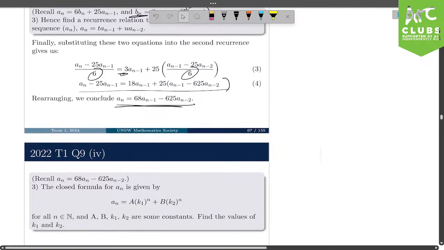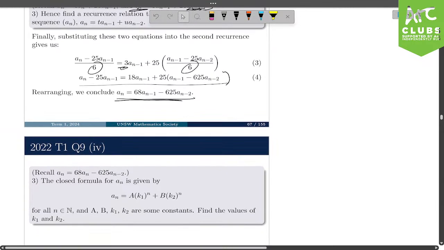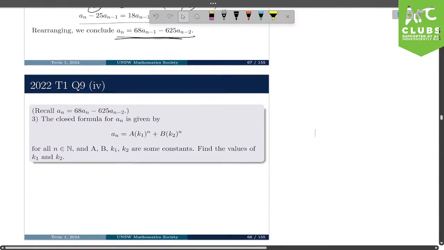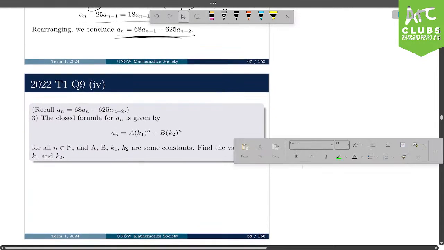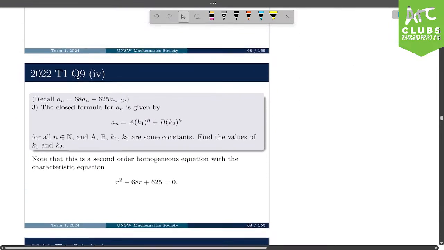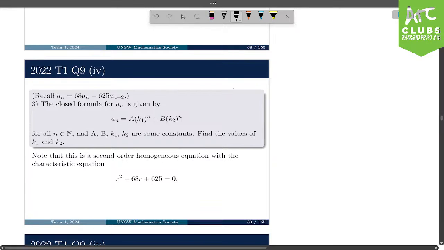Nice. And now we do the final part of this question, but we don't actually really do the final part of this question. We want to find the actual closed form for this recurrence. So this one is standard. If you know your recurrence relations, you first look at the characteristic polynomial of this entire thing.